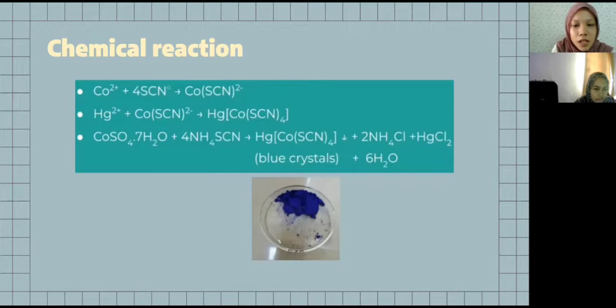And then the last is copper sulfate heptahydrate plus 4 moles of ammonium thiocyanate to produce tetrathiocyanatomercury(II) cobaltate(II) plus ammonium chloride, water, and mercury(II) chloride. As you can see in the picture, the final product of the complex is blue in color.